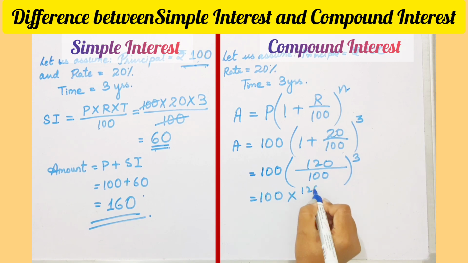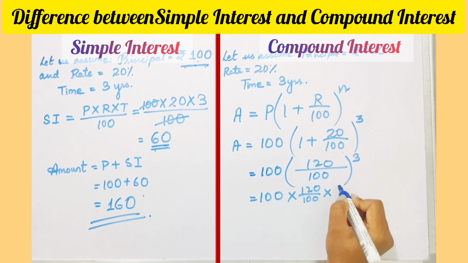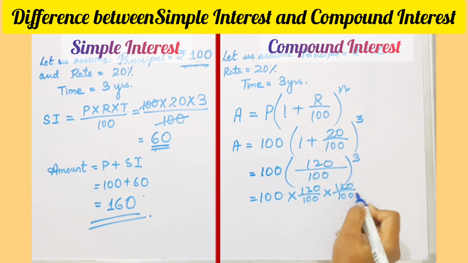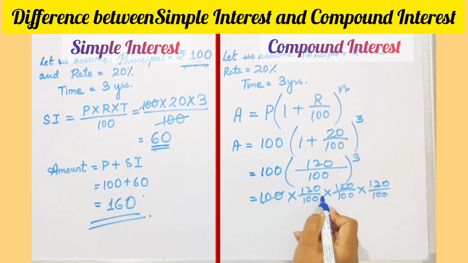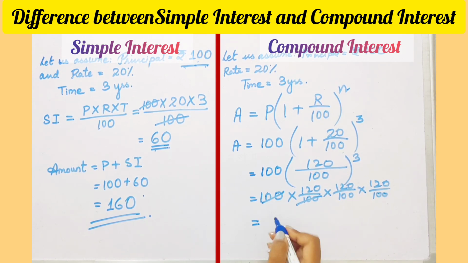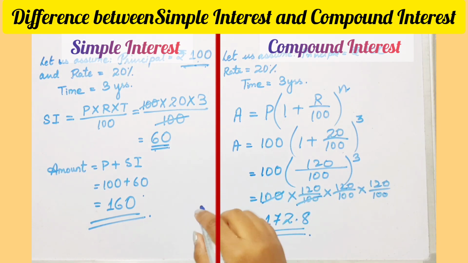This is 120 by 100 into 120 by 100 into 120 by 100. So when we calculate this, we get the answer 172.8, which we had calculated just a few minutes ago. So this is how compound interest and simple interest work.